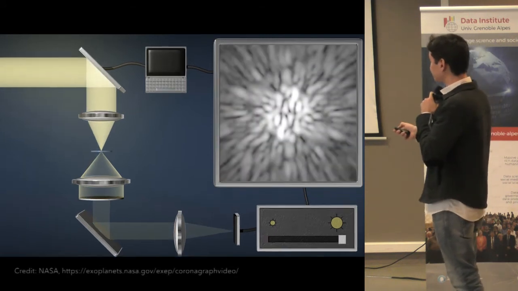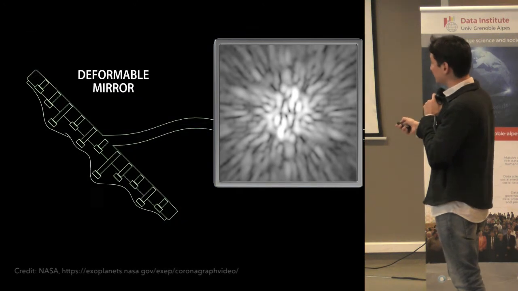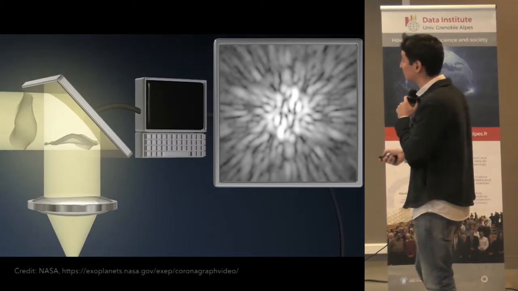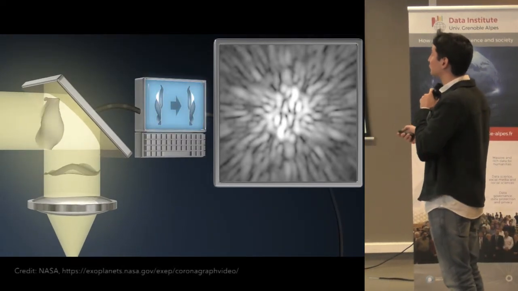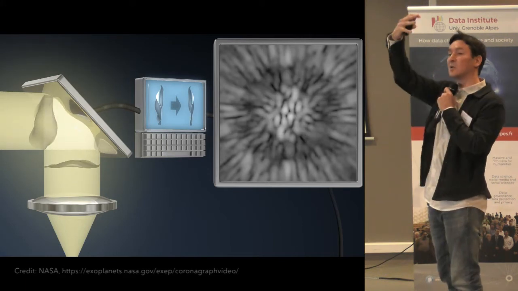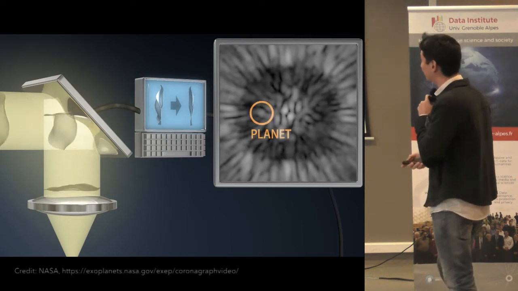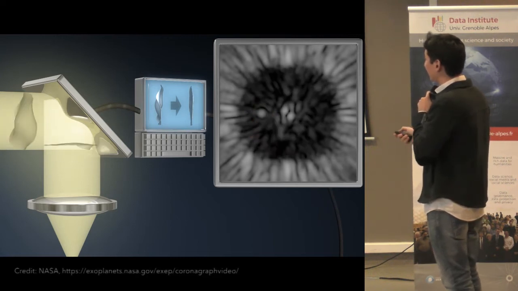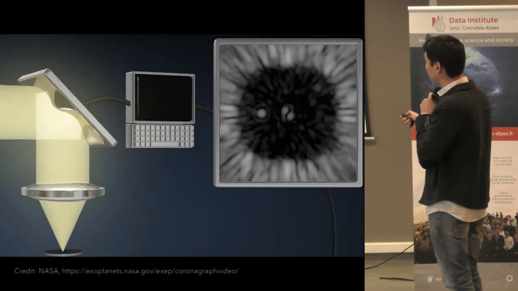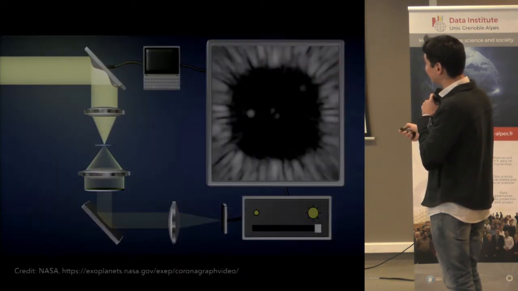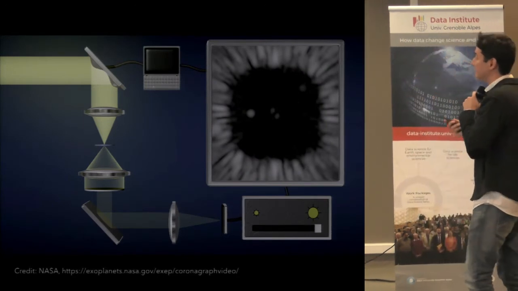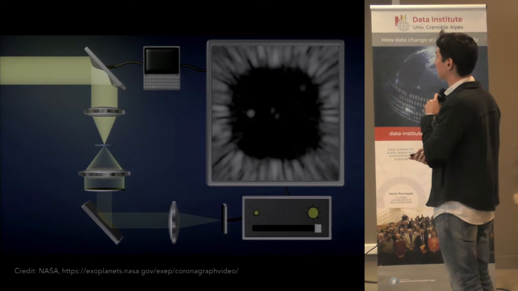We also use a technique called adaptive optics, which uses deformable mirrors to correct the wavefront of the light, which is affected by the turbulence in the atmosphere. All of these technologies allow us to detect this off-axis signal, which is the light from the disks of planets around the stars.